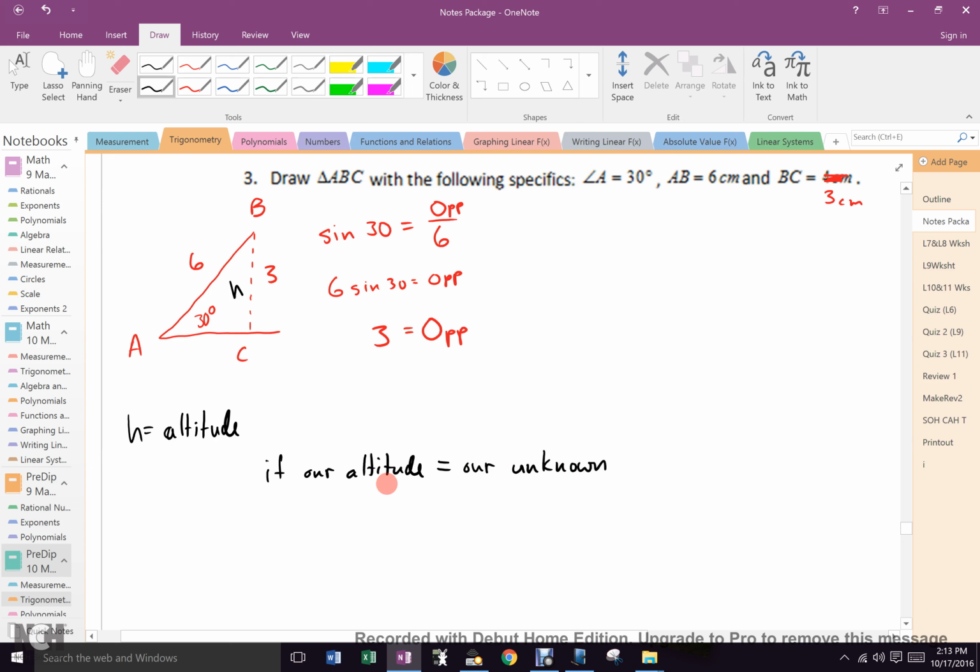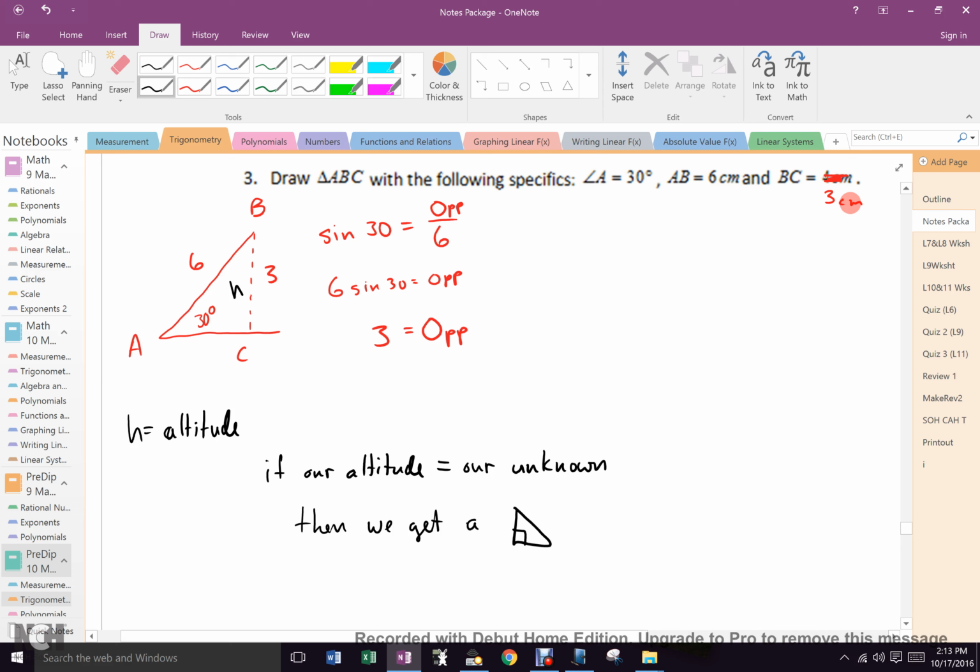The altitude, H, is the third side, then we get a right angle triangle. Does everyone see that? Because the H is 3 and the third side was 3. Is everyone cool? That's what you already know. That's nothing new. But watch what will and can happen.